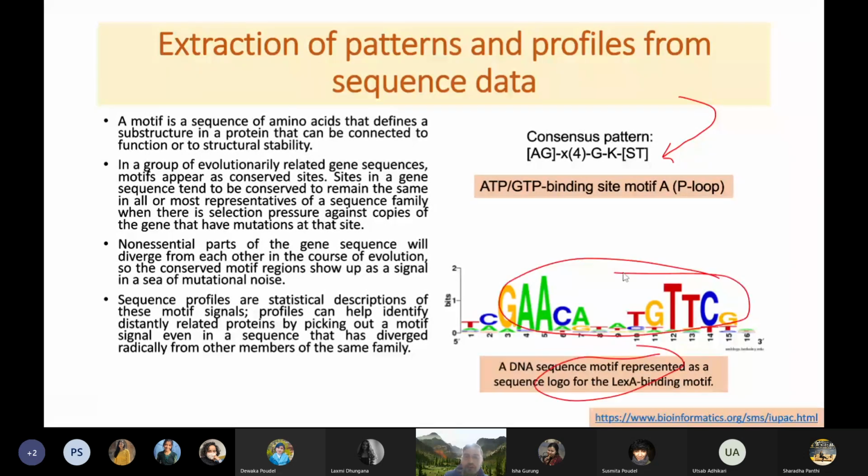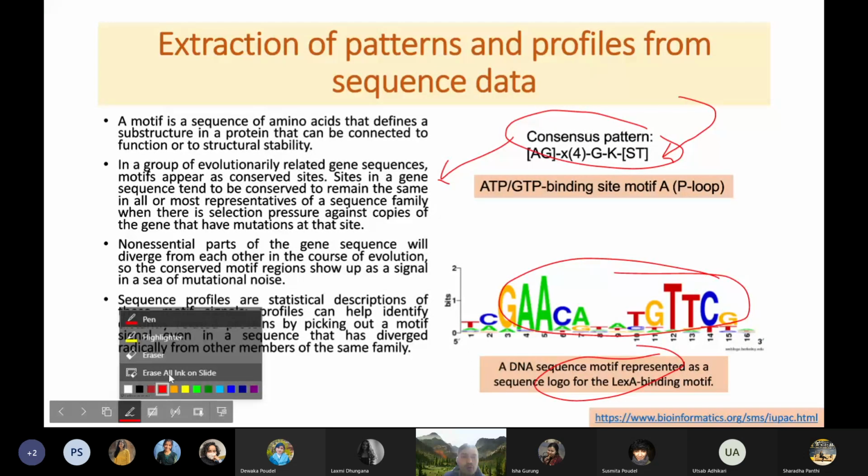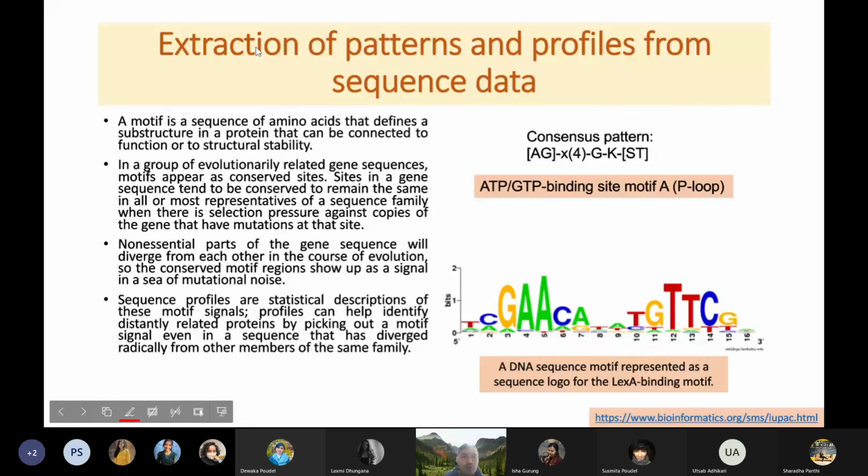So with the help of this kind of pattern we can search for these sequences in uncharacterized DNA. So I give you an uncharacterized DNA and I want you to find different motifs or different structural elements, different functional elements, different domains.